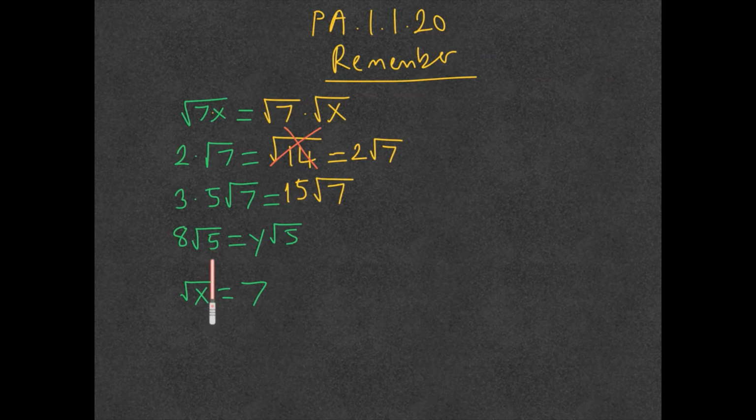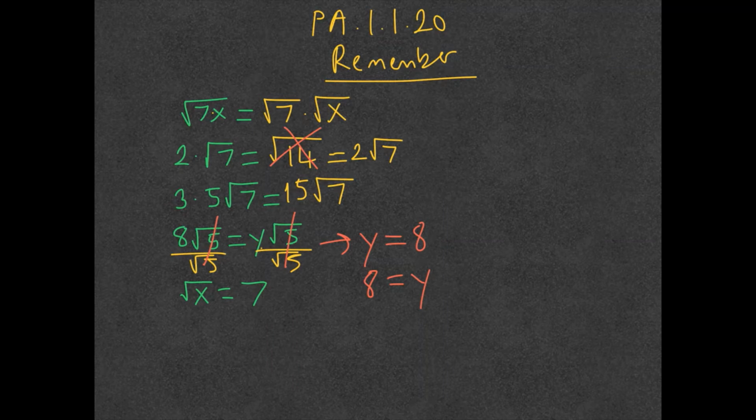So in order to cancel square root 5, one from left, one from right, I'm going to divide each side by root 5. So square root 5 will be cancelled. I find y is equal to 8. Y is equal to 8 or 8 is equal to y, they are exactly the same thing, so don't get confused. They are exactly the same value of y.